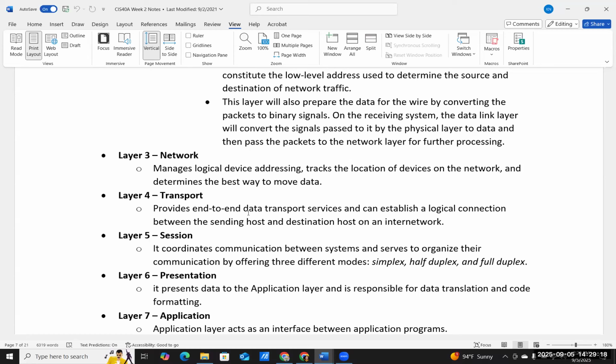Full duplex is that it sends and receives both ways. Half duplex is one or the other. So if I have a simplex, my system can only send. But a half duplex can send or receive. But a full duplex does both.